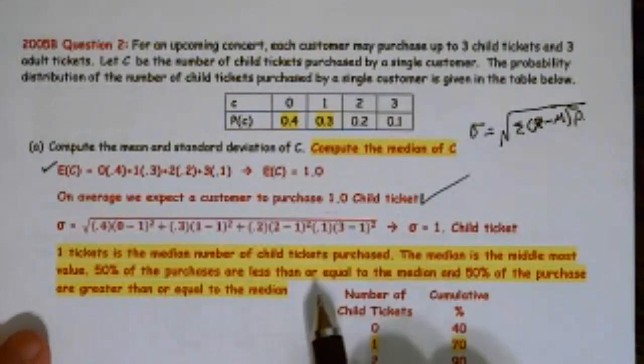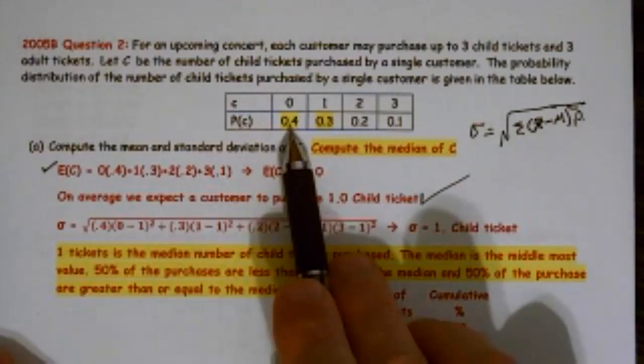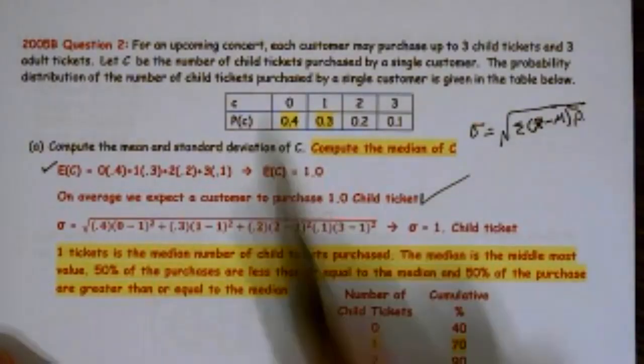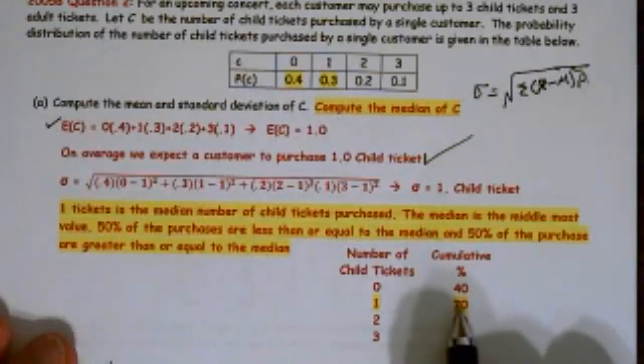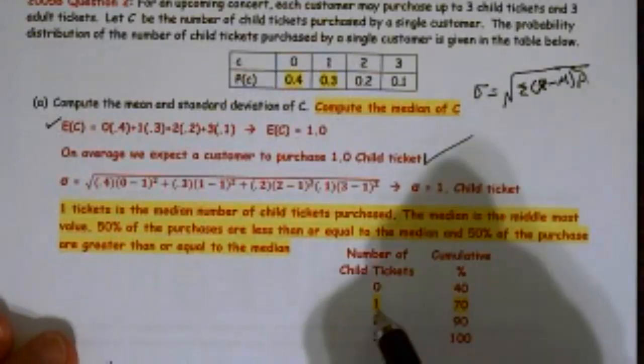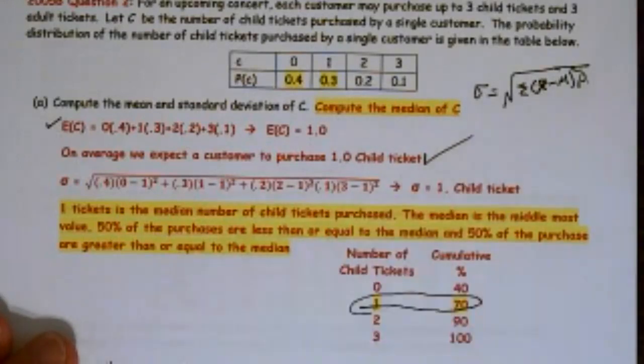Now, the median is the 50th percentile. Well, we have to get big enough. Cumulative, we're at 40% right here. That's not big enough. If I add another 30%, I'm at 70%, and this is the first time I become big enough. As soon as you become big enough, that's your answer.